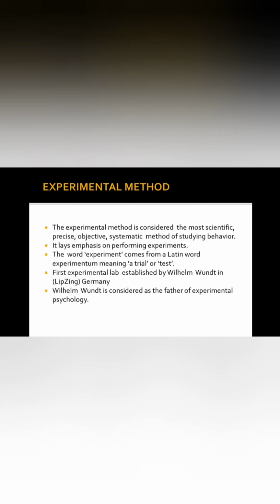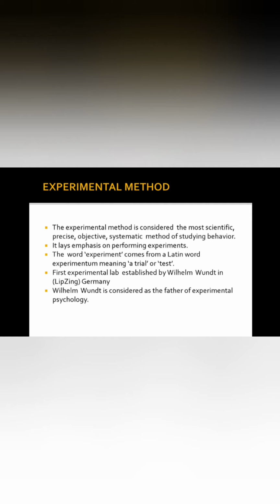Experimental method is considered the most scientific, precise, objective and systematic method of studying behavior. It lays emphasis on performing experiments. As its name suggests, it mainly focuses on experiments, that is, by doing things.